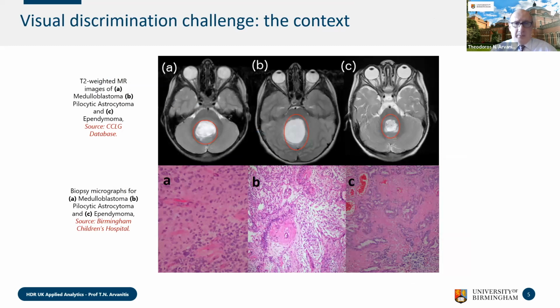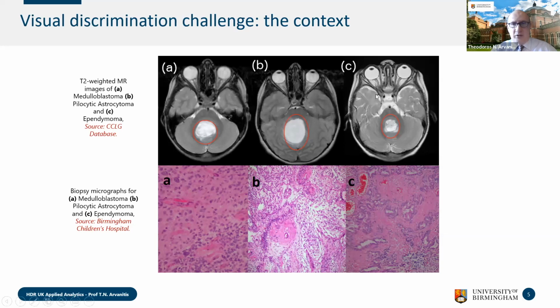So on the top here, you see three typical images from a particular sequence, a T2-weighted MR sequence, of the three typical groupings of childhood brain tumors. The types are identified as the medulloblastoma, astrocytomas, pilocytic astrocytomas, and ependymomas. These are the typical groups of tumors we look at.